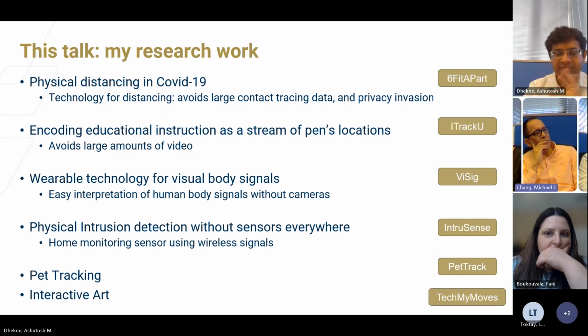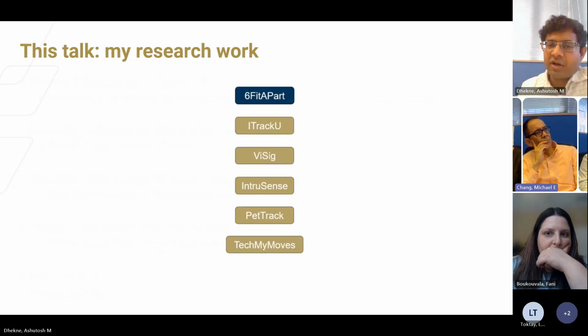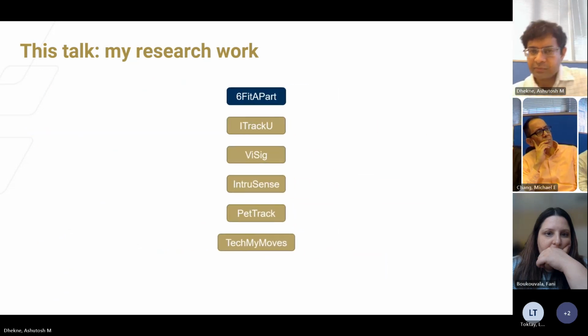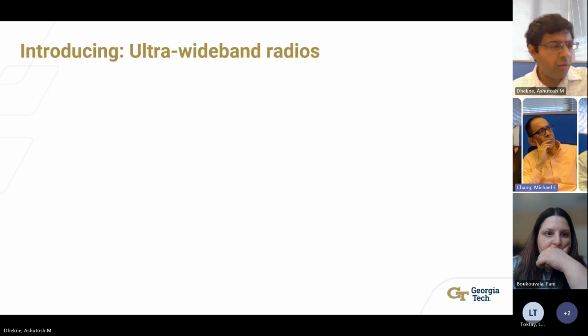That's precisely the crux of this talk. Let's begin with 6 feet apart, which is the project that we did almost immediately after coming to Georgia Tech, 6 months later, because COVID started.